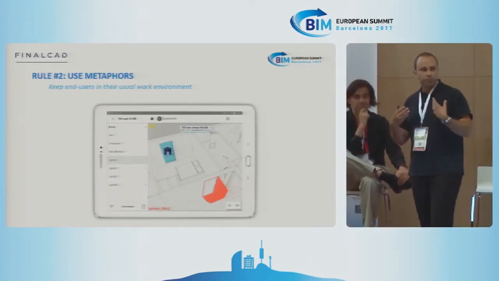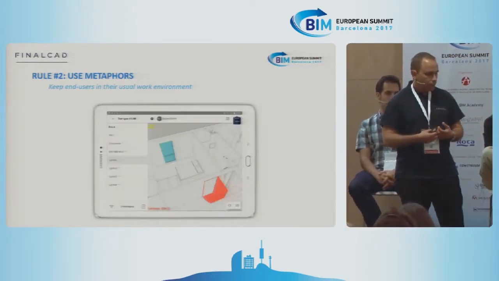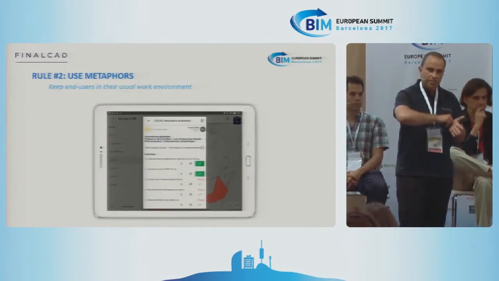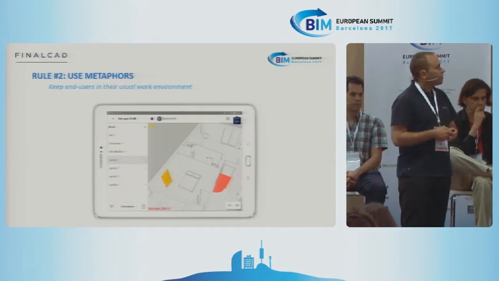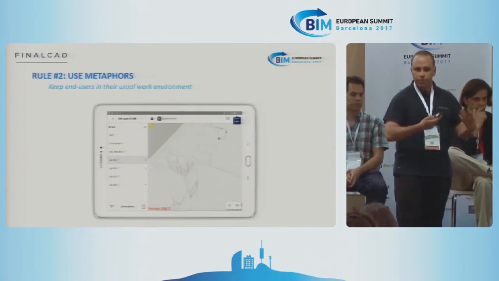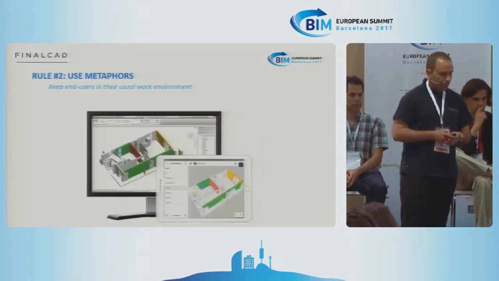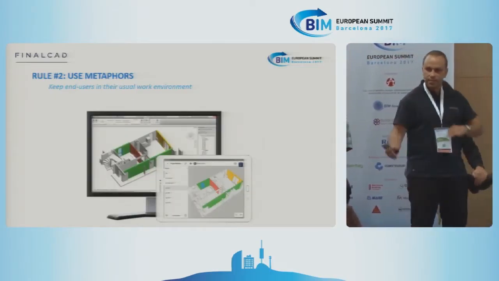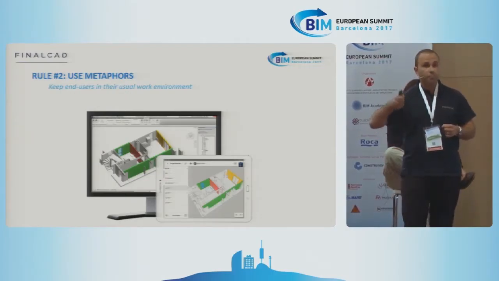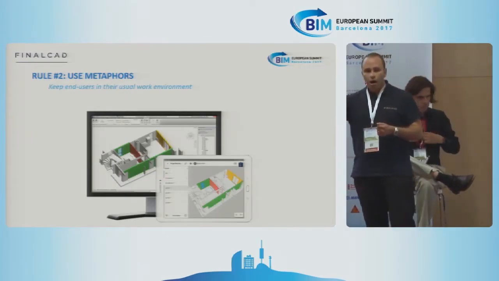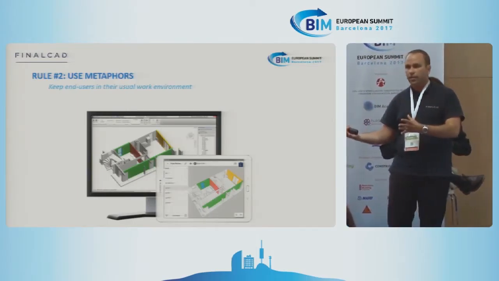So on the BIM model, you can follow the quality control, or you can follow the progress using the same metaphor as a Stabilo on the blueprint, except that it's on the BIM model directly, and of course you can generate reports in the same way. And of course, all of this is sent back to the BIM model, back to the office, where the BIM manager can follow over time and reconcile as-built with as-designed.